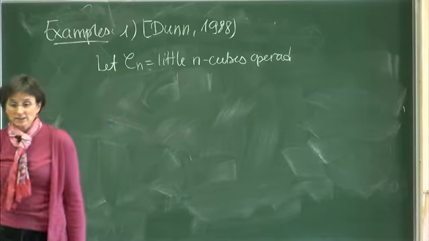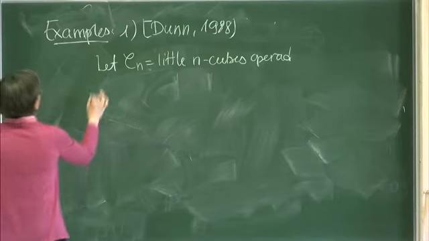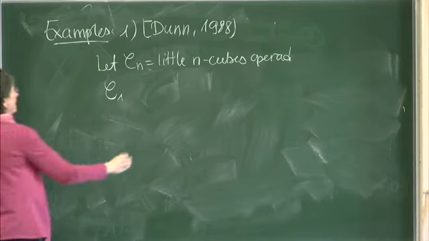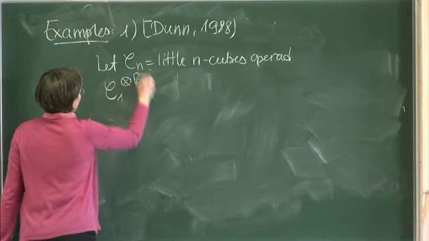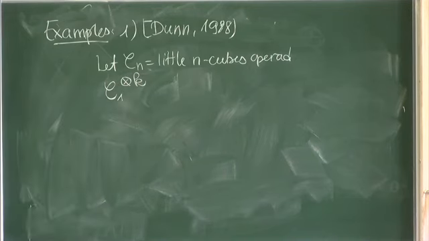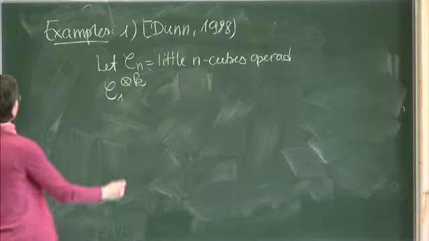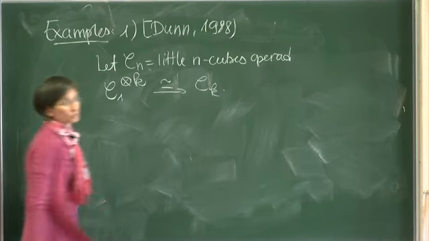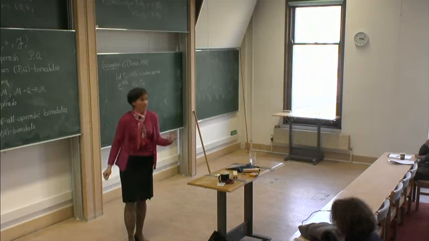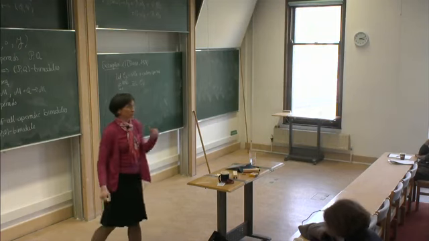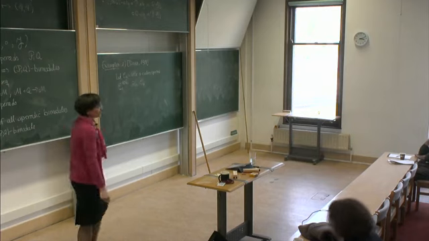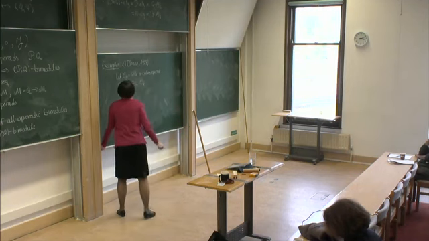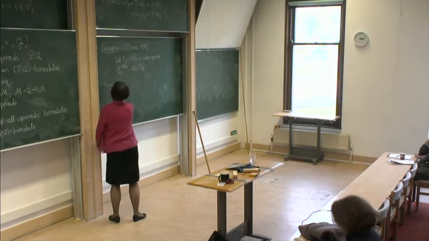Dunn showed that if you take the little 1 cubes operad, the little intervals operad, and you iterate the Boardman-Vogt tensor product k times, then what you end up with is in fact weakly equivalent to the little k cubes operad. So this has a nice geometric sense. And in fact, I believe this is what Boris was talking about yesterday in his talk. He mentioned taking these tensor products of operads. So that's a very special case working with these little n cubes operads.